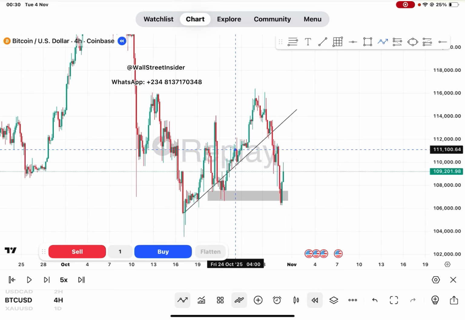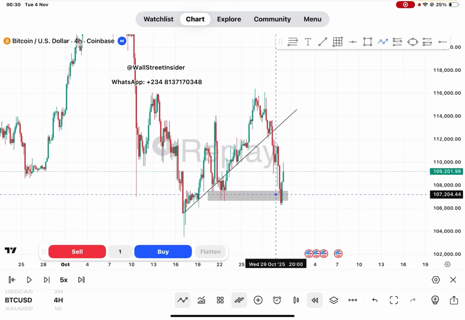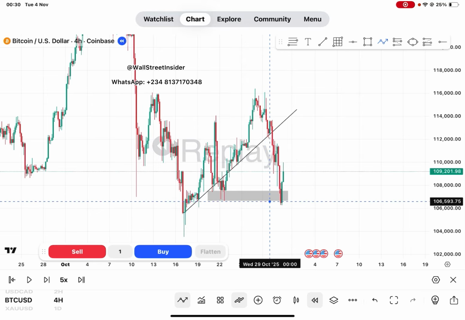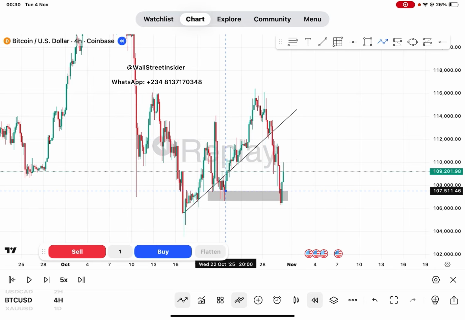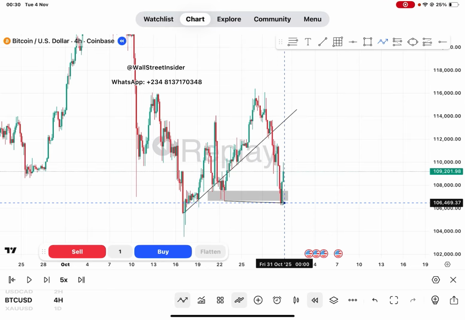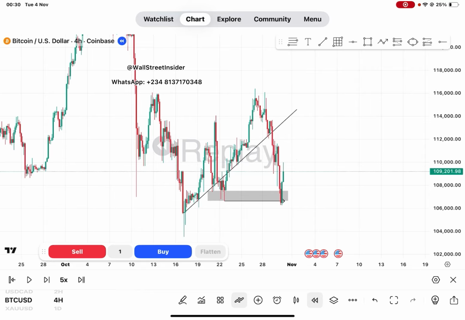But you will notice that the market did not reject the key level at this zone. The market closed below the low of the key level, which simply tells me that the sell is very strong and the sell is going to prevail.